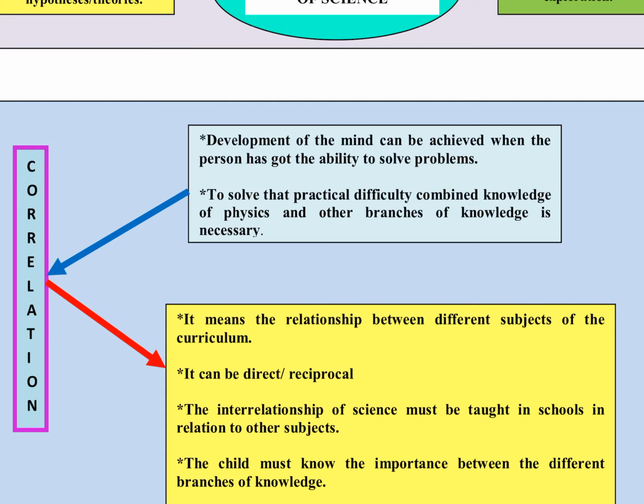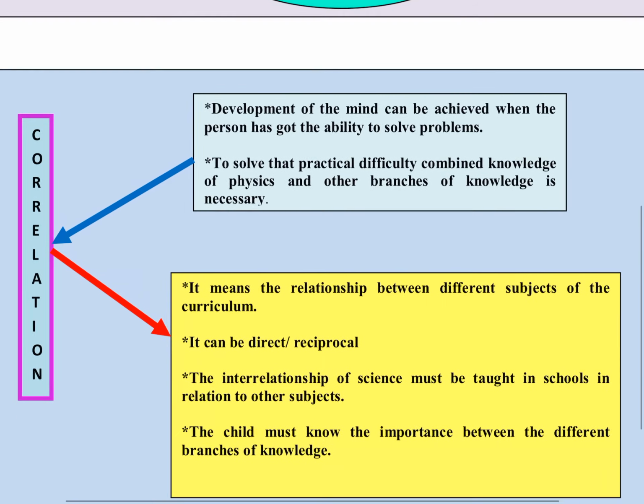Science can borrow the knowledge of another branch of science, and this combined effort can solve a lot of problems in our day-to-day life. So that's why these two factors lead to the phenomenon of correlation, that science has a strong correlation with other disciplines.